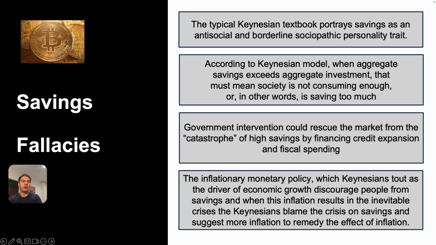By devaluing the currency to finance creditors' pensions and fiscal spending, the government would at once increase the aggregate level of spending, increase the amount of investment, reduce the level of savings, and, for good measure, teach savers a lesson and set a precedent that discourages them from saving in the future.